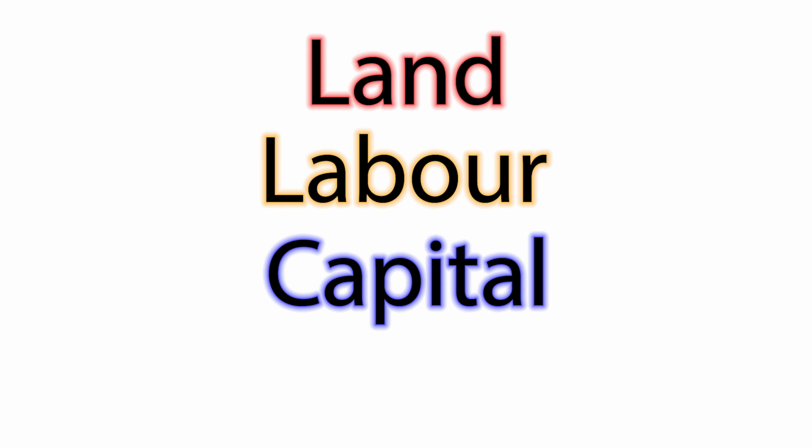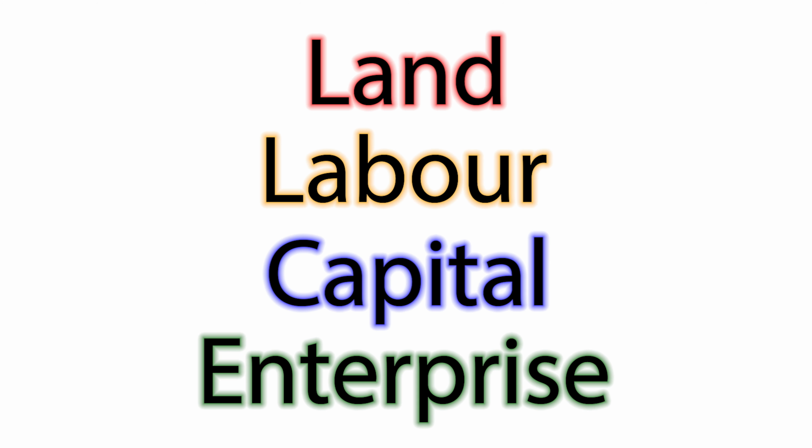Because any of the resources that go into making a good or service can be put into one of the four categories of factors of production. And they are land, labour, capital, and enterprise. The important bit to remember, any resource, no matter where it comes from and how it's used, can go into one of these four categories. And so let's look at what they are then.